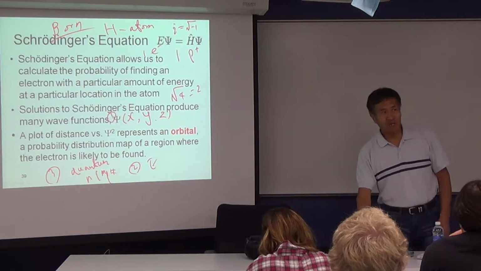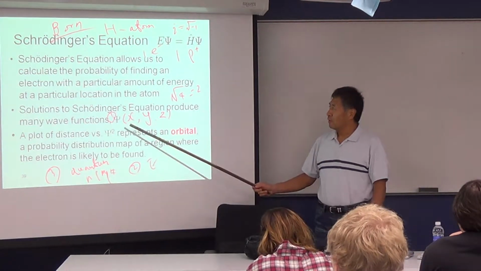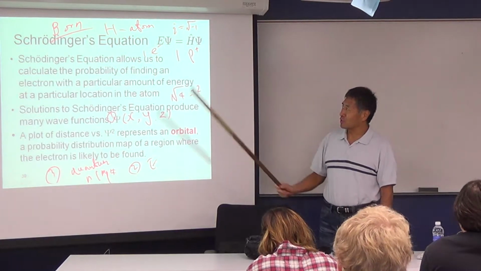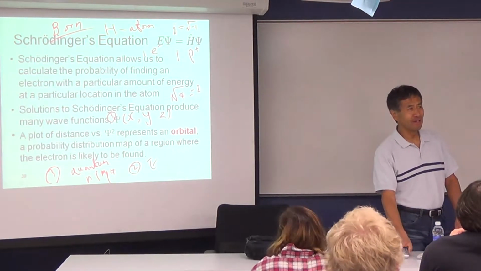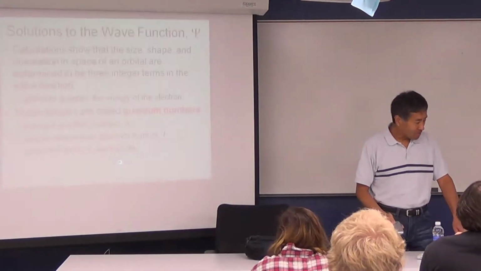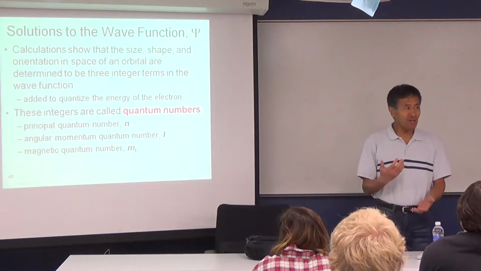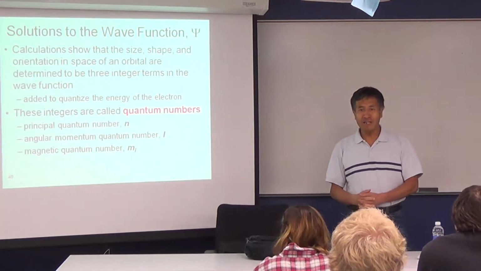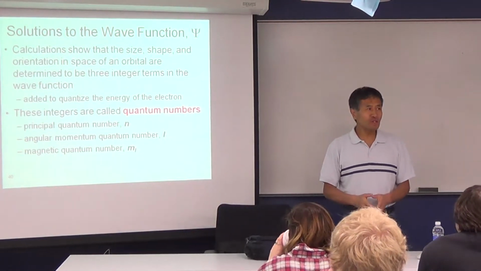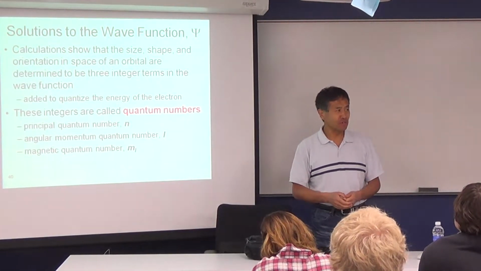Those are the 3 quantum numbers you get from that Schrodinger equation. Understand? Now let's talk about what those quantum numbers are. So the energy, the psi, and the quantum numbers are the 3 results you get from that equation.